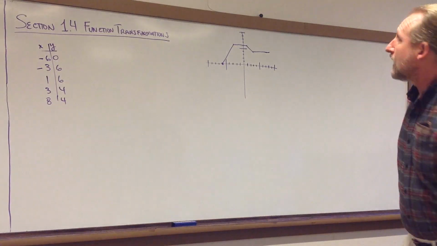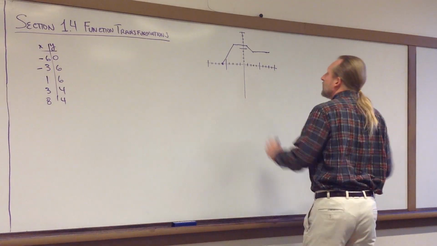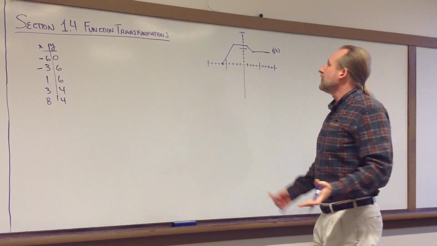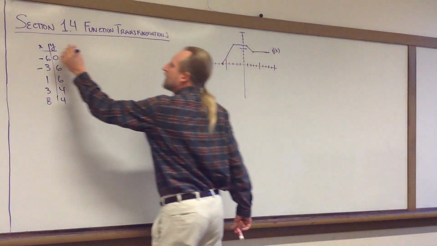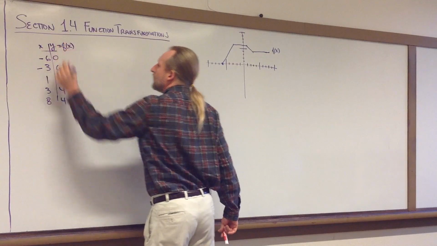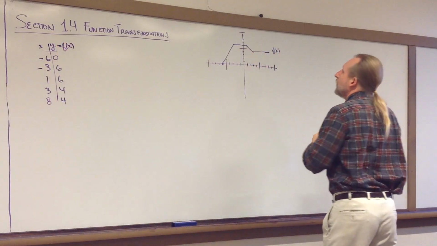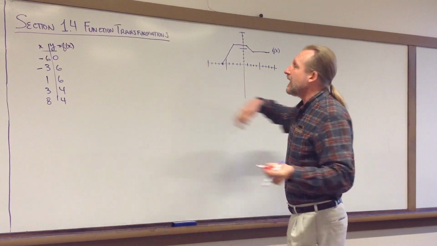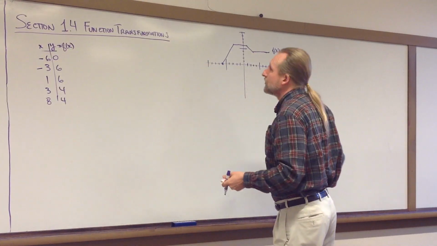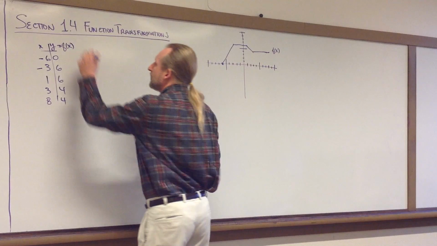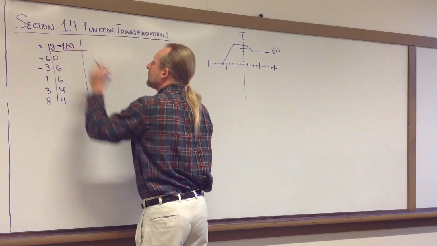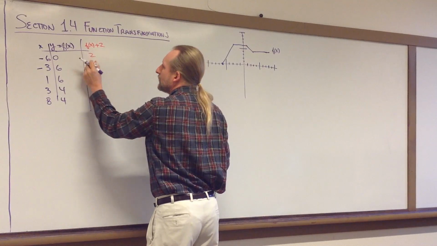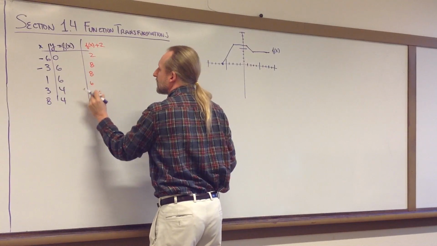And so the idea here is that we call this f of x, and that's the same thing as y over here. If we wanted to do f of x plus 2 or f of x minus 2, the x values would all stay the same, but the corresponding y values would then have 2 added to them. So if we put f of x plus 2 here, then this will be 2, 8, 8, 6, 6.